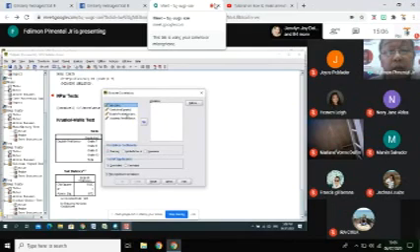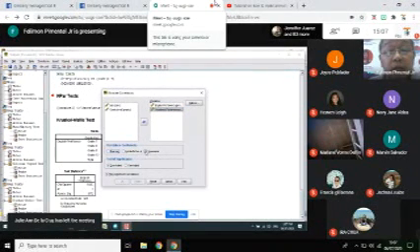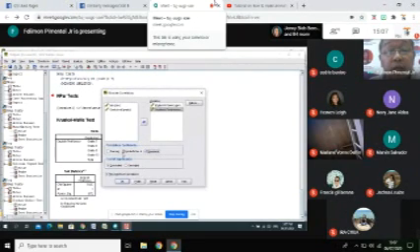We are going to transfer English proficiency and academic performance. From here, we uncheck Pearson and check Spearman from the correlation coefficients. All we have to do is click OK.